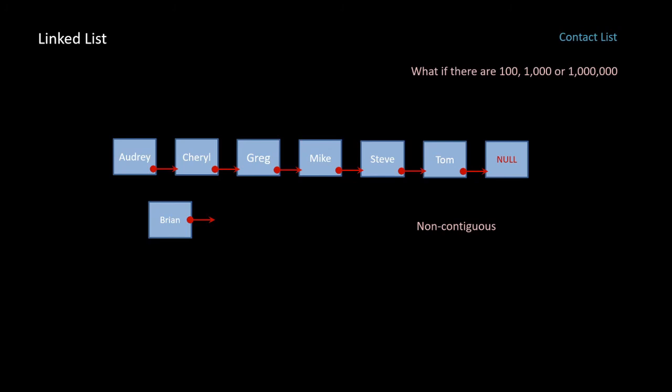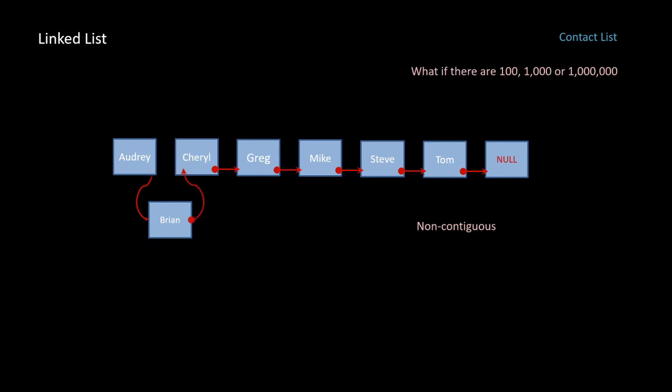What I can do is reshape this, because what I can start to look at is if I want to add Brian between Audrey and Cheryl, the next thing that I should be doing is now moving Audrey's pointer to the beginning of Brian, and then Brian's pointer to Cheryl.